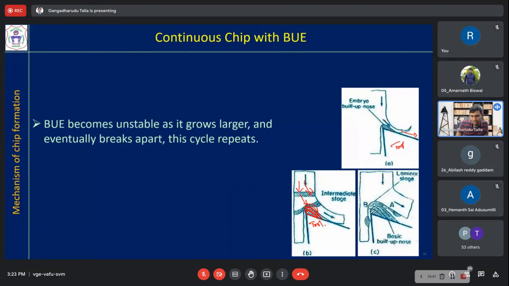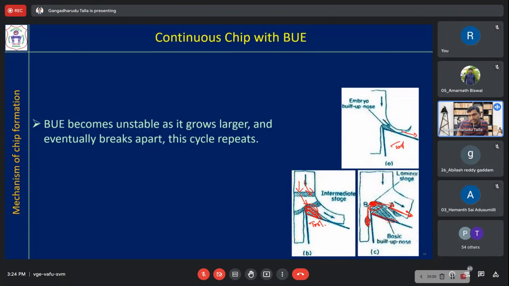During that breaking, some portion of this built-up edge will stick to the chip that is flowing. Understand? Some portion will stick to this and flow along the chip. Some portion will stick to this portion and come along the finished surface, and some portion is on the tool itself.